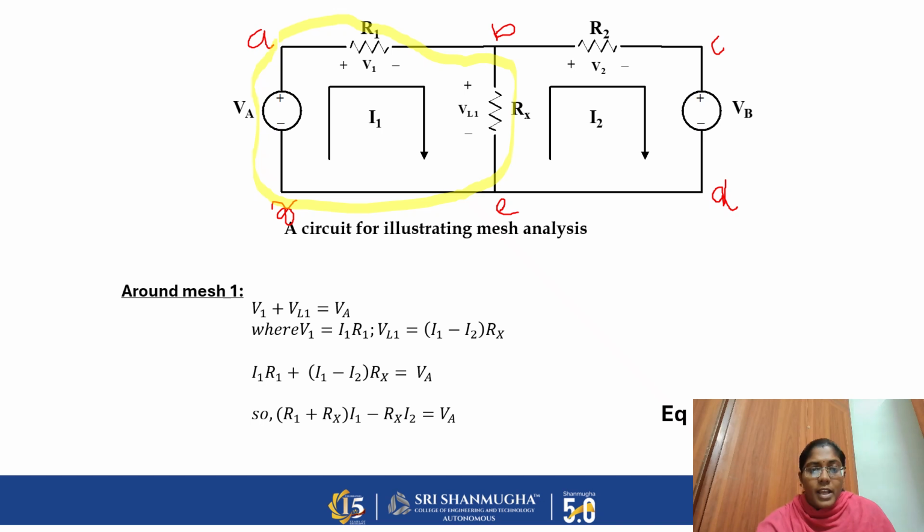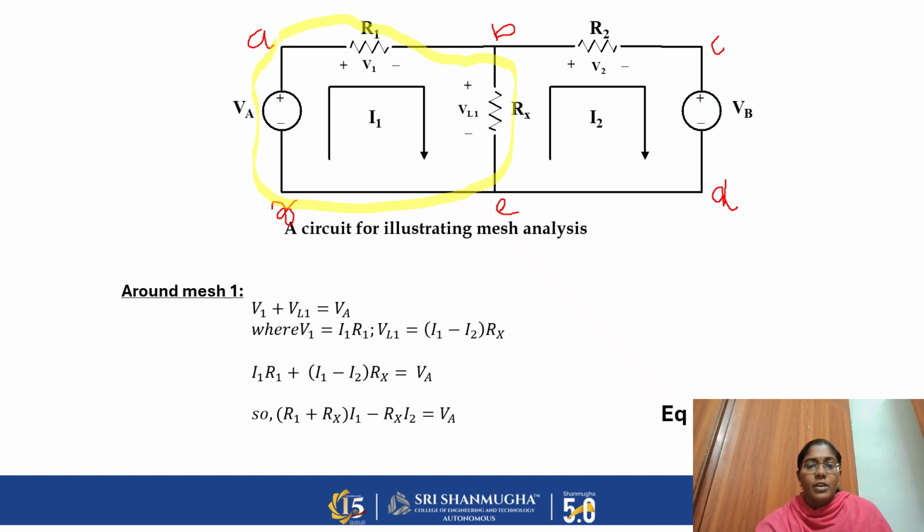How can we find the voltage across R1? By applying Ohm's law, V is equal to I into R, right? So the voltage across this R1 is V1 equal to I1 into R1. The voltage across this Rx is VL1, equal to I1 minus I2 into Rx.